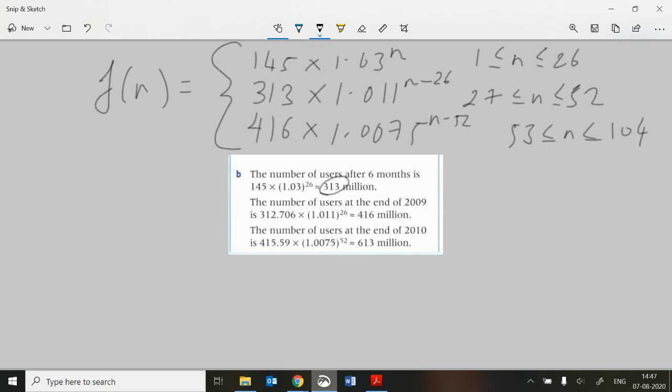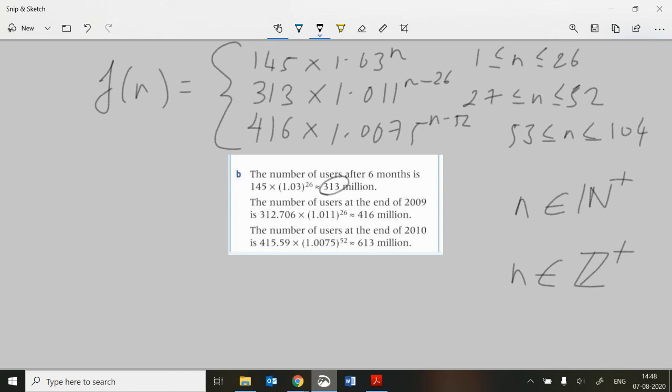Okay, now I probably should define here as well, just at the end somewhere here, n is a natural number, so n belongs to our natural numbers here. Or you could say n belongs to our positive integers as well, if you wish to be saying the same thing. And because we've defined n here as a natural number, and because we've also got this here saying that we're going from 1 to 26, we could have just said n is integers, to be honest.